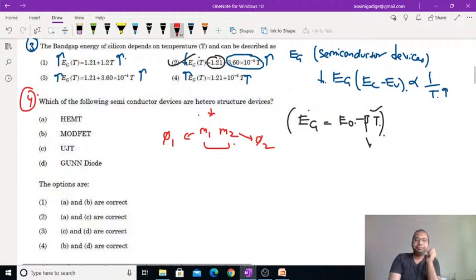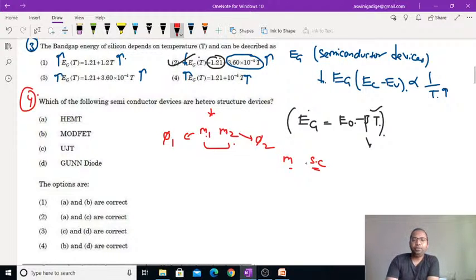Okay, so based upon this, if you are taking metal, let's take material 1 as the metal and material 2 as the semiconductor. Obviously the metal has one work function and the semiconductor has another work function. If both of these are combined together, then whatever junction we form, or whatever device we get, is a heterostructure device.